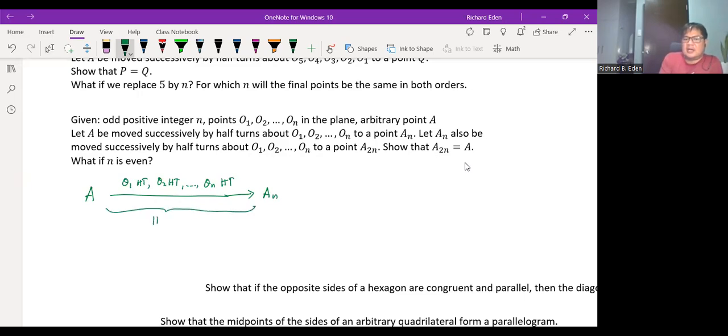Okay, a half turn about... it's gonna be a different center, right? Opo.